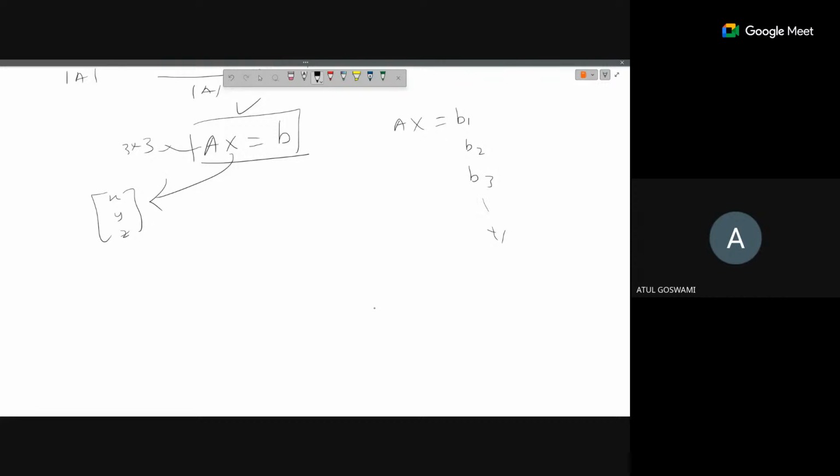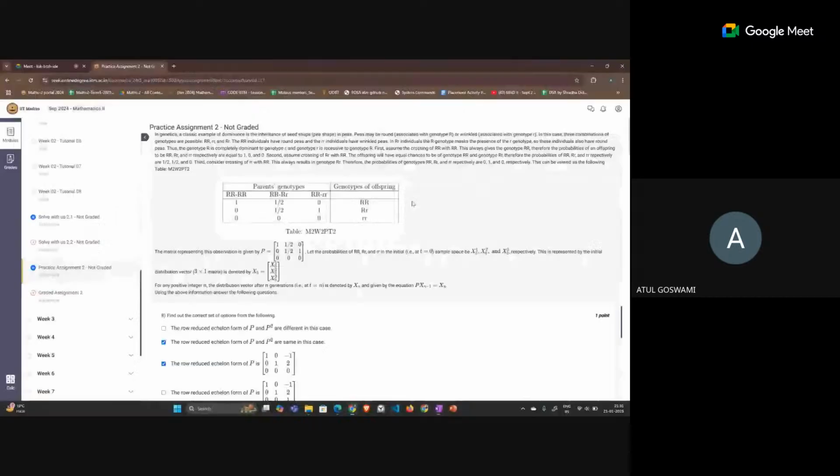So b1 is suppose this x0, b2 is x1, b3 is x2. Whatever is asked in the question, we take that corresponding system and solve for that. Now it is clear.